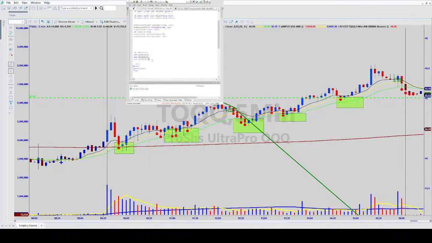So condition 5. Usually you end up having to make about 5 conditions for each of these charts. And it just takes some time. All right, but I got rid of everything on that one. Condition 5.